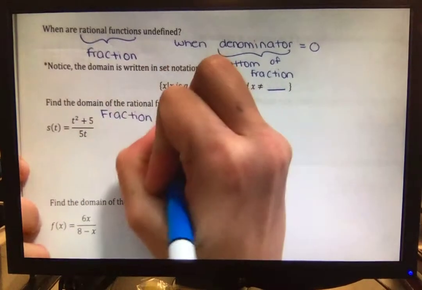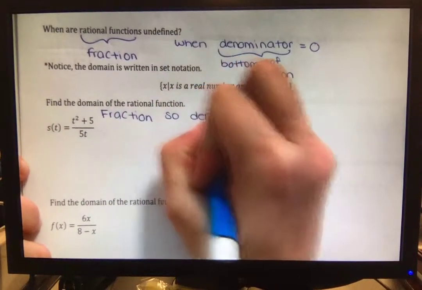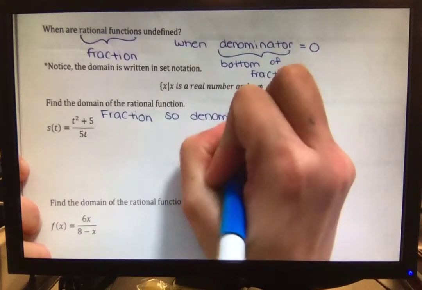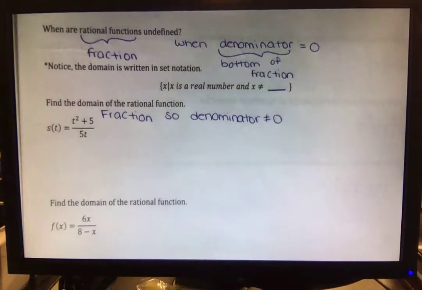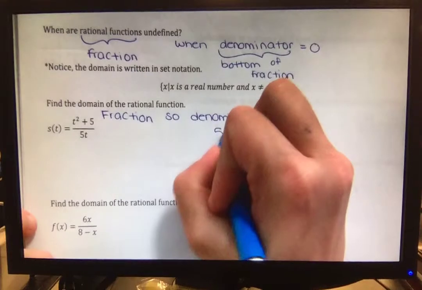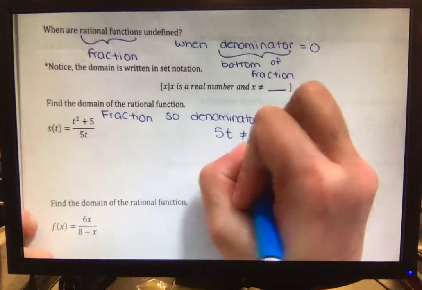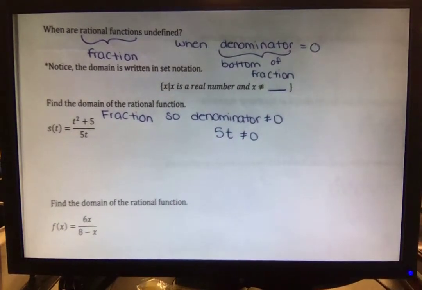So our denominator cannot equal 0. What's our denominator? 5t. So 5t cannot equal 0.